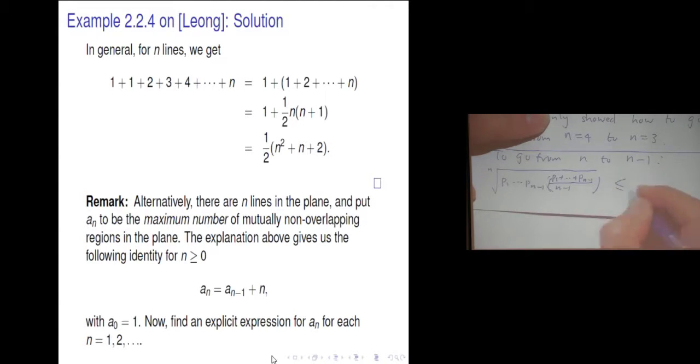Then the geometric mean less than or equal to arithmetic mean tells you this is less than or equal to 1 over n times p1 plus dot dot dot plus pn minus 1 plus the arithmetic mean of the n minus 1 numbers.